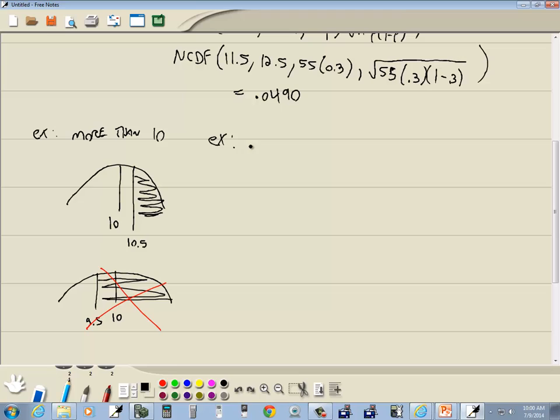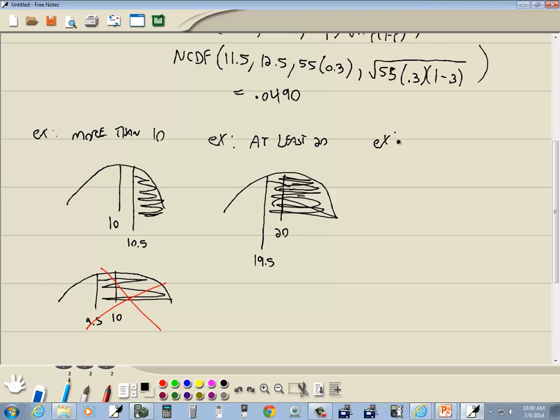Let's say at least 20. Okay, at least 20. At least means shade to the right, and at least 20 includes 20, which in this case means I want to subtract 0.5. If your wording includes 20, your shading should include 20.